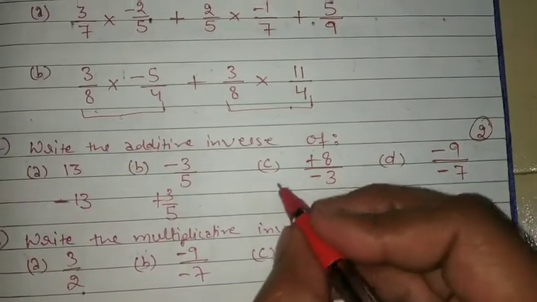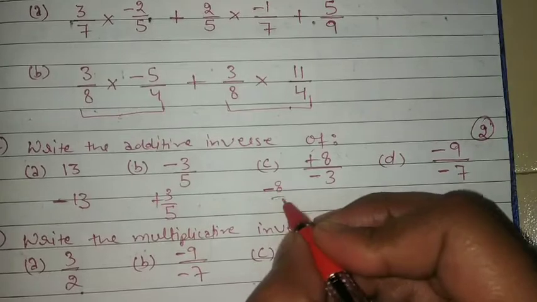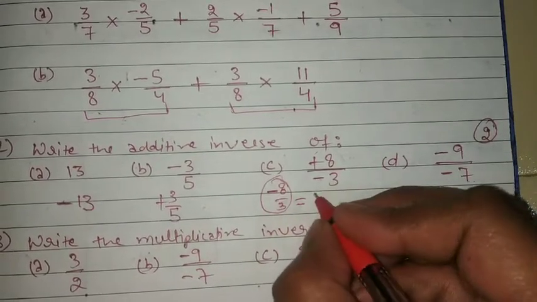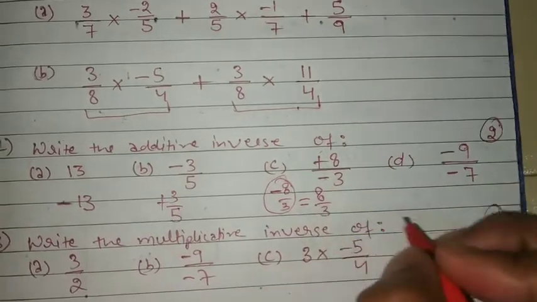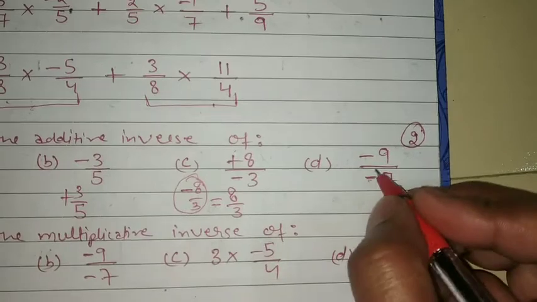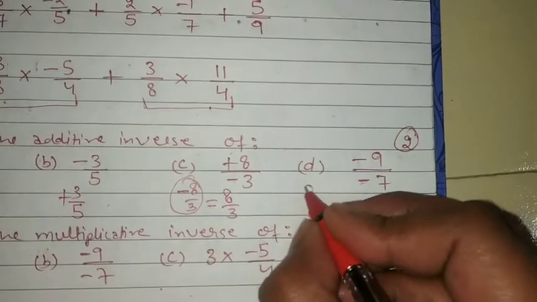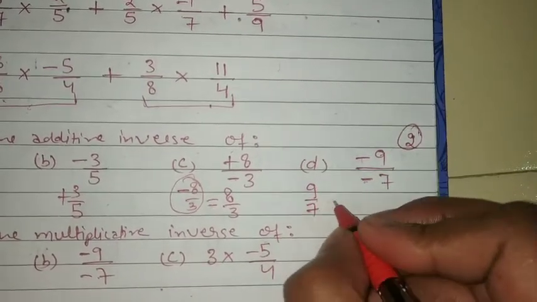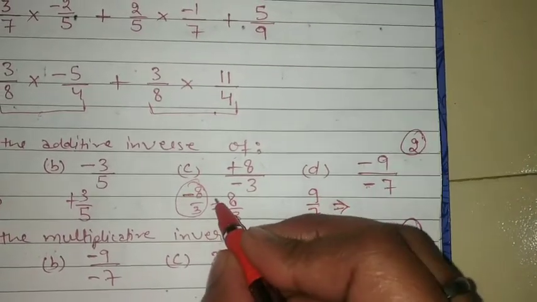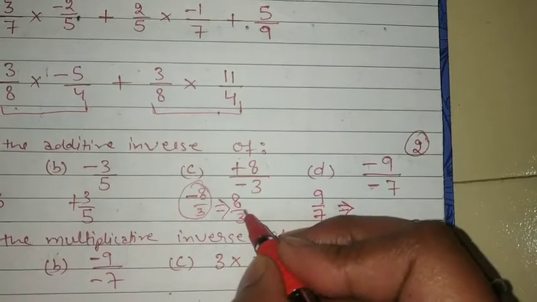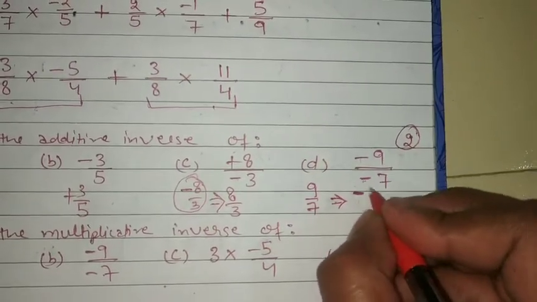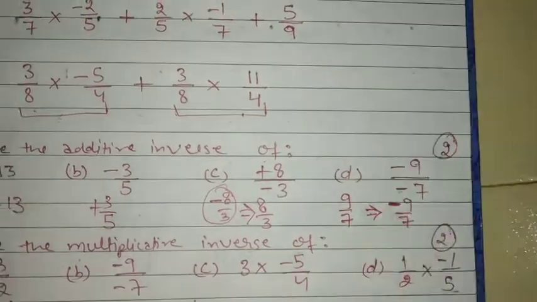What is the additive inverse of minus 8 by 3? It will be plus 8 by 3, or simply 8 by 3. Similarly, minus by minus is plus, so it cancels out, and the standard form of this rational number is 9 by 7, so its additive inverse will be the opposite of it, that is minus 9 by 7.